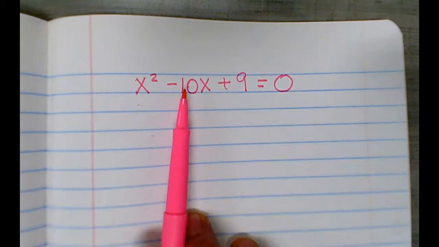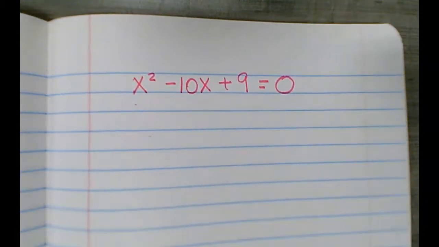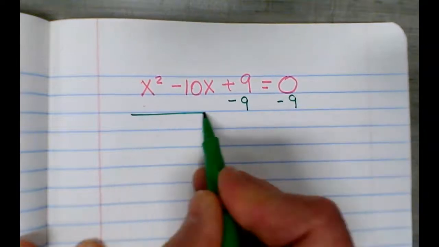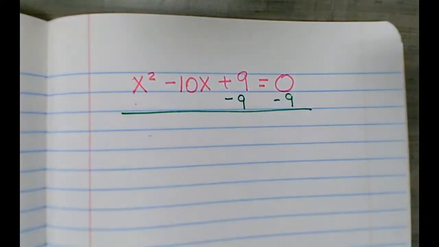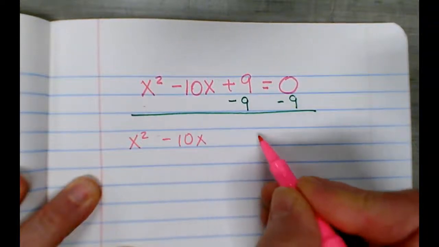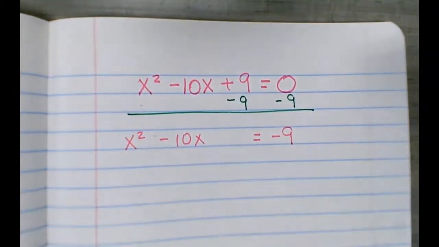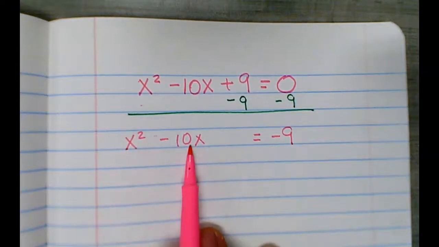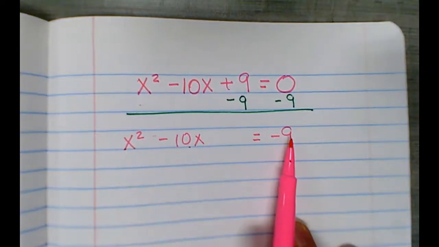It's not the right number, and so I need to move that number out of the way. For factoring, for the quadratic formula, I need it in standard form equal to 0. For completing the square, I need the x squared and x term, but the c term needs to be moved to the other side.